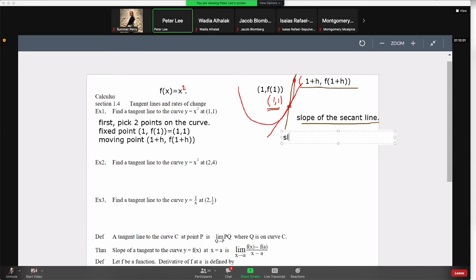Therefore, what is the slope of the secant line? Slope of secant. What is that equal to? The slope of the secant is going to be the slope of the line connecting those 2 points, and that will be f of 1 plus h minus f of 1 over 1 plus h minus 1.